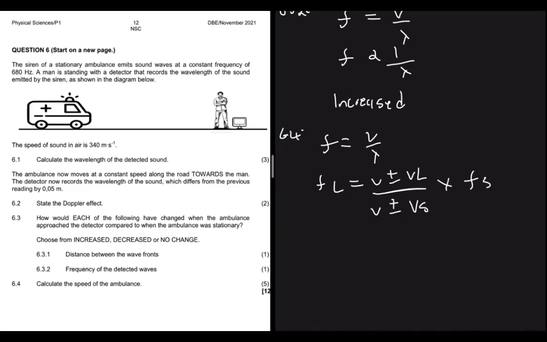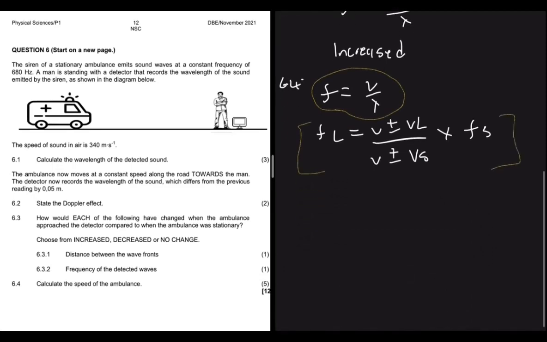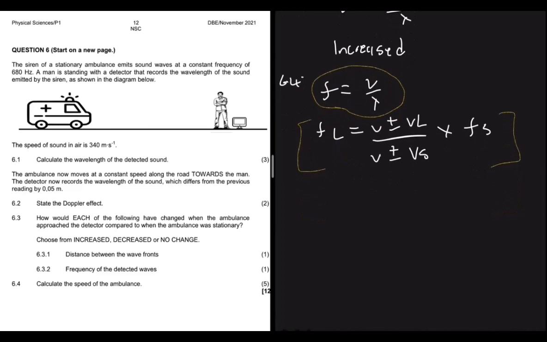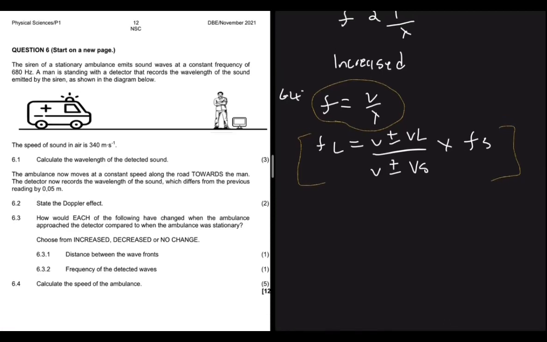And then this question says the speed of the ambulance. The first formula cannot help us with the speed of the ambulance, so this is the formula we're going to use, right? So now we have to identify all the information we have and then decide on how we can determine the speed of the ambulance. So the ambulance is the source, right? So we are interested in this VS here.